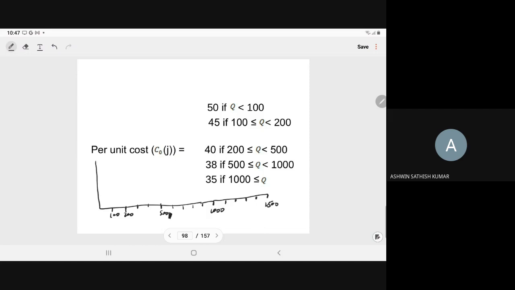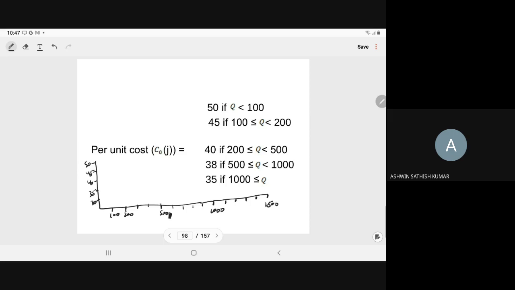And let's say the prices are 50, 45, 40, this is 35, and this is 30.